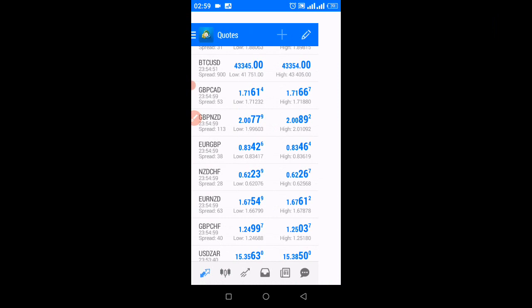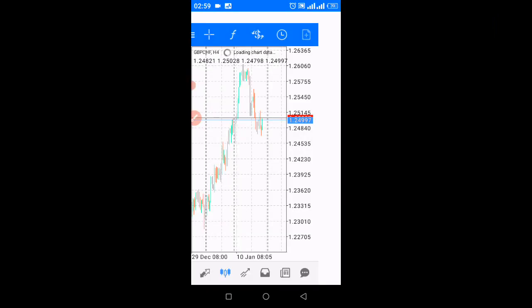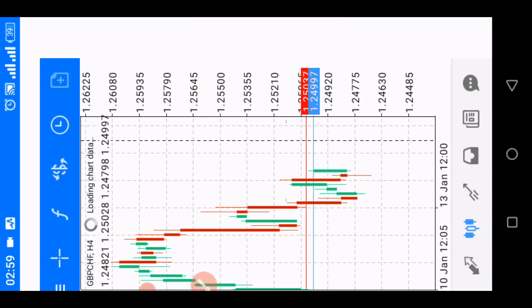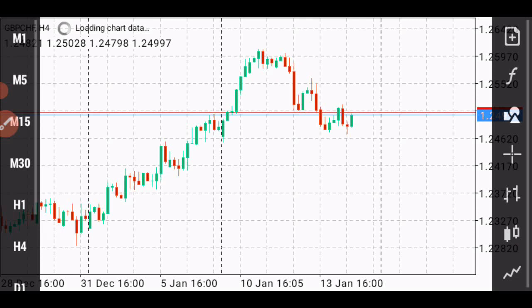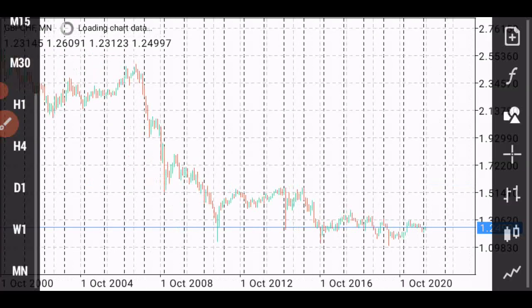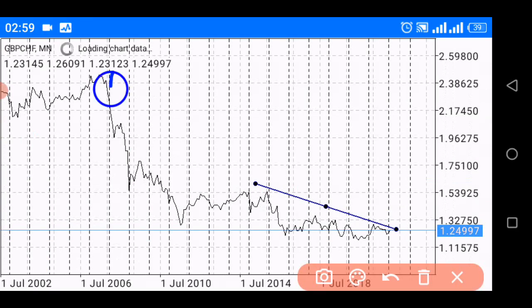Let's look at this. Let's start our analysis from the monthly chart. You can see something here. This is what we first see, movements here.